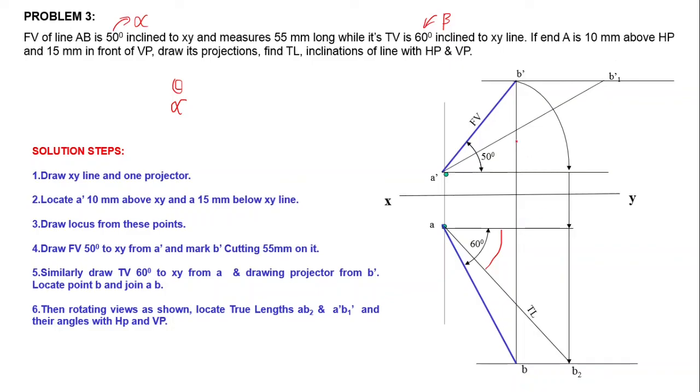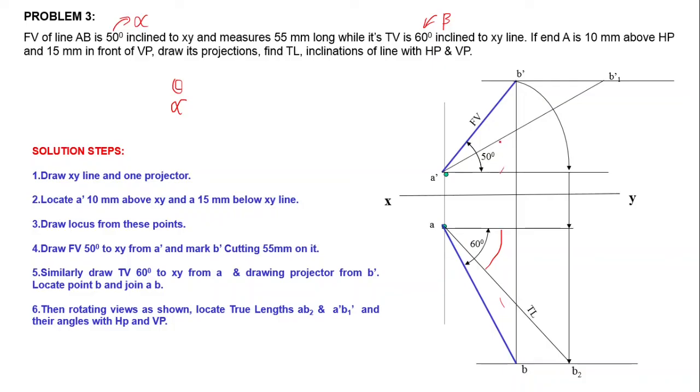Similarly, we can represent by finding out this true length in top view. We can represent the same length in front view also. Then we can find out point B1 dash here. Then this will become the true length in elevation or true length in front view.